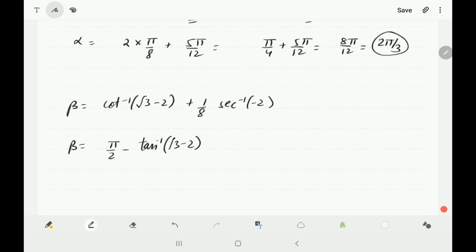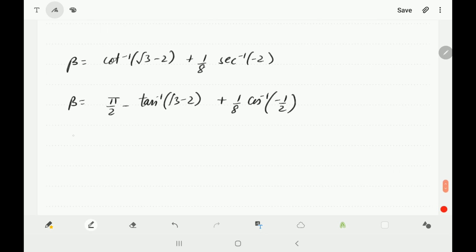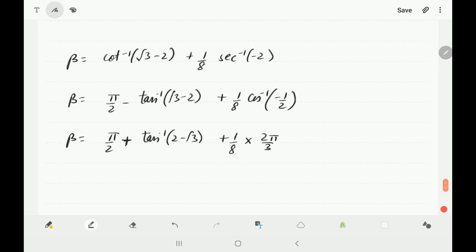This is also okay, because tan inverse x plus cot inverse x is also pi by 2. Plus 1 by 8 times, we can write this term as cos inverse of minus half. So we have the value of beta as pi by 2 plus tan inverse of 2 minus root 3, since tan inverse of minus x is minus tan inverse x, plus 1 by 8 into cos inverse of minus half, which will give us the value of 2 pi by 3.